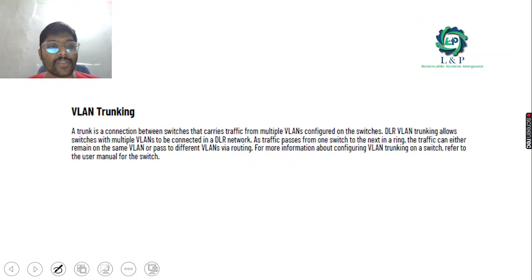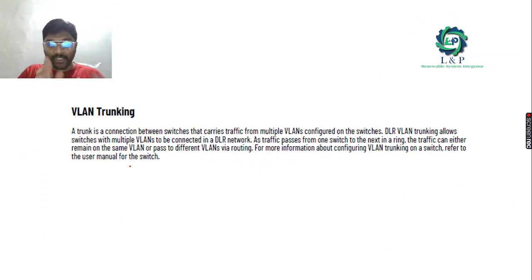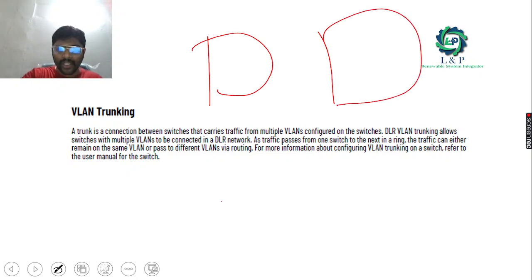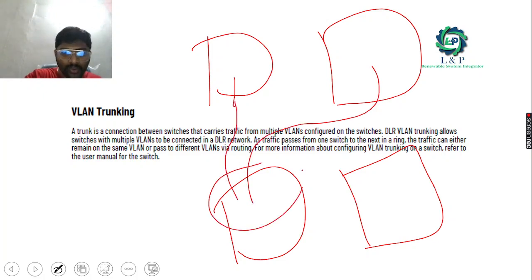So first we need to know what is VLAN trunking. A trunk is a connection between the switches that carries traffic from multiple VLANs configured on the switches. Why do we want to create it? As you can see here, it's like a pipeline or path. There will be multiple switches, but when you create a VLAN trunk, those concerned devices will communicate only through the concerned ports, for example port number 7 and 8.